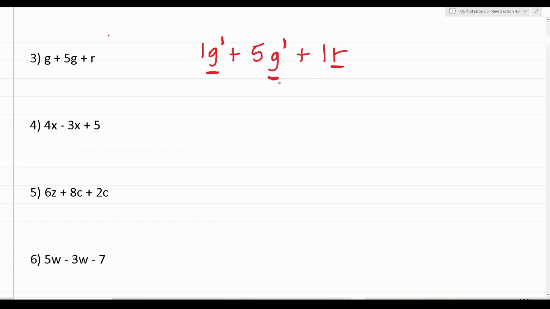So as we can see, like terms are 1g and 5g, and 1r is not a like term of those. So in light of that, we can add 1g and 5g together. 1g plus 5g is going to be 6g, and we'll just tack on this. And I'm going to drop this 1 because it's implied r. So g plus 5g plus r simplifies to 6g plus r.